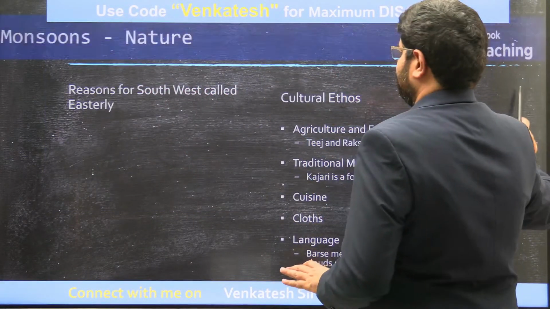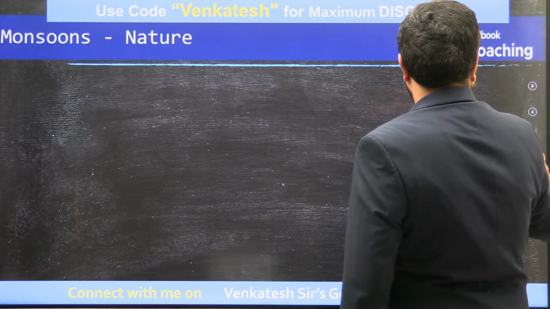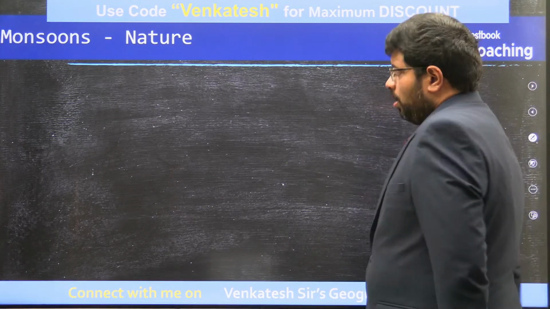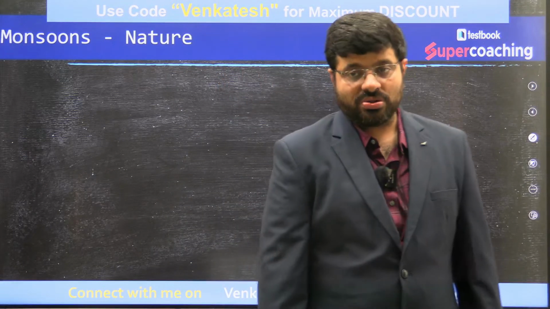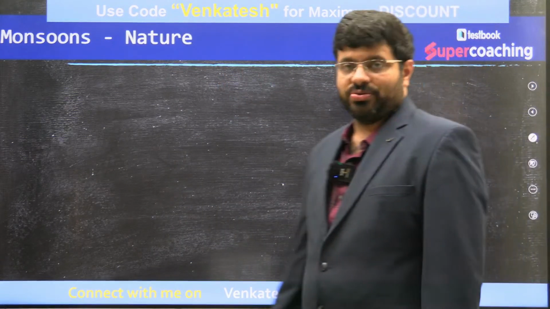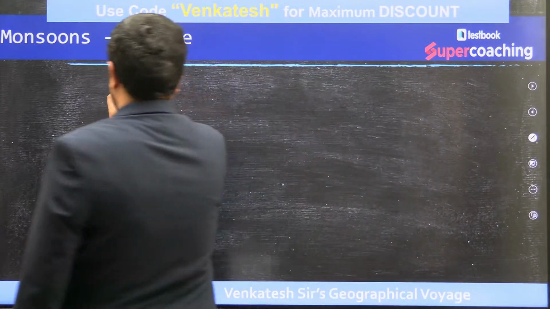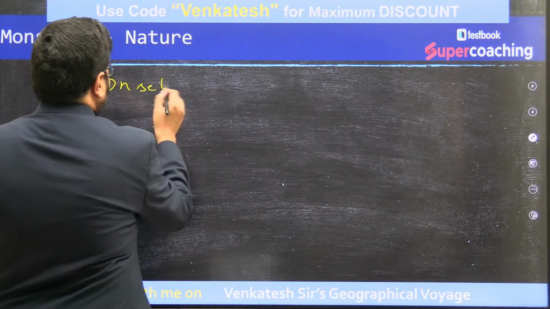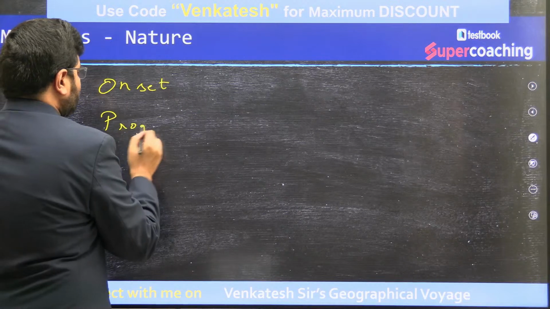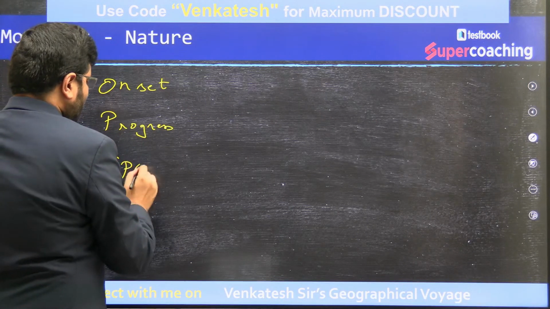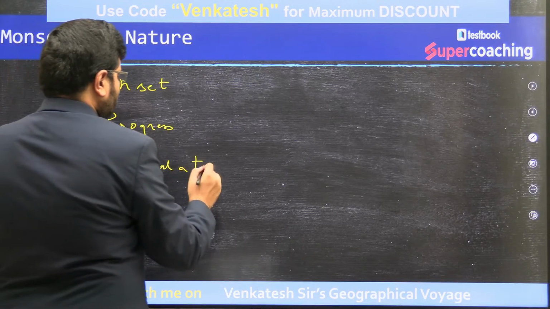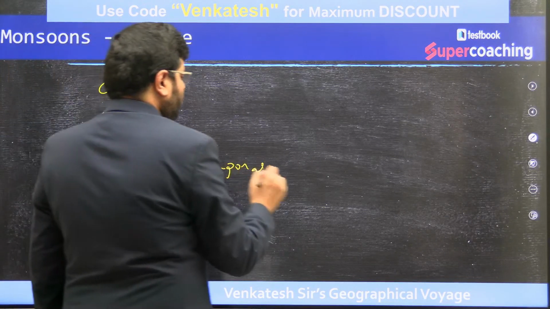Then we have given a significance. We have given an idea of monsoons. What is the nature of the monsoons? You see, the onset, the progress, the spatial and temporal variations are very, very unique.